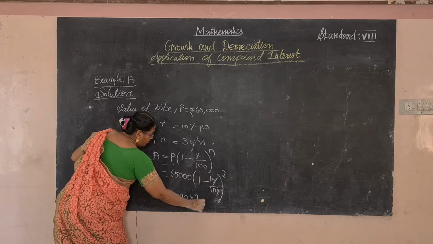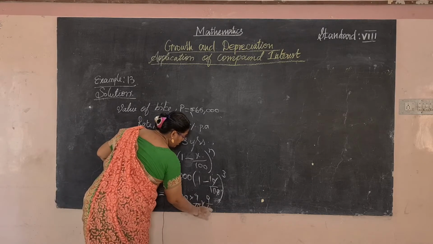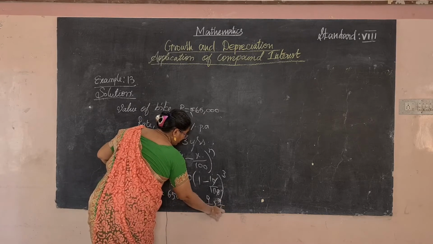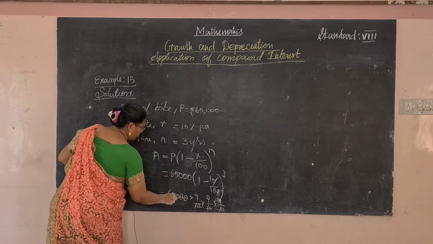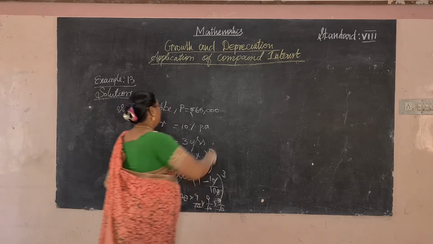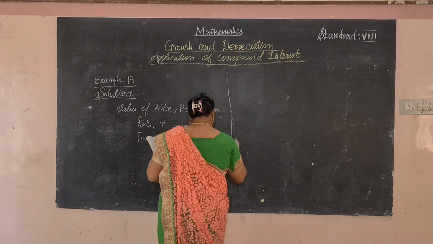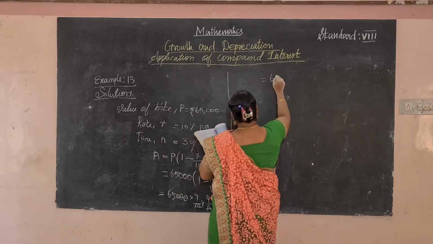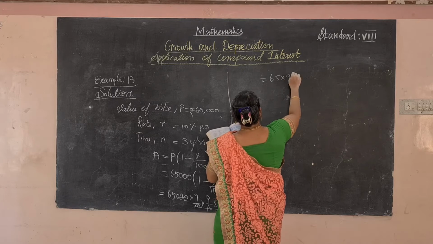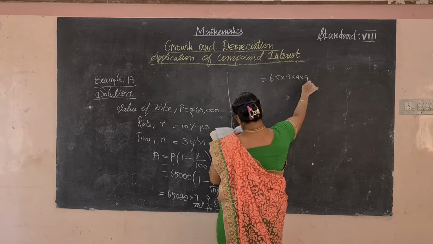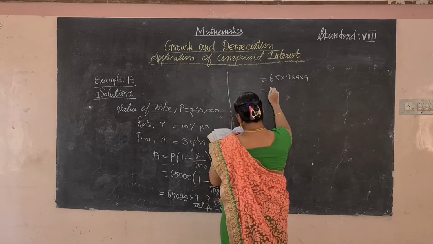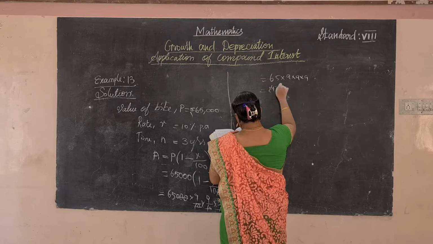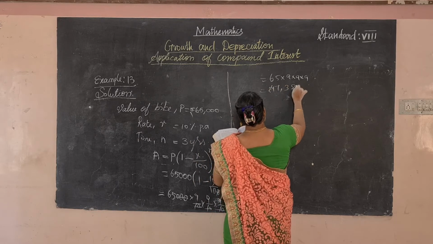Nine by 10 multiplied in, so 65 into 9 into 9. So we multiply, we get 47,385.